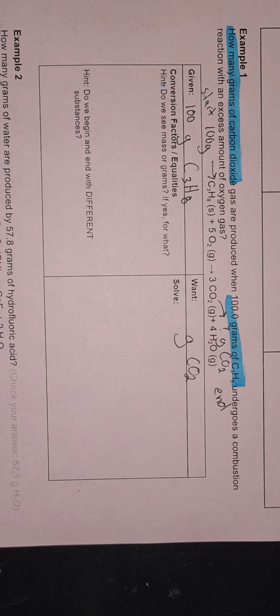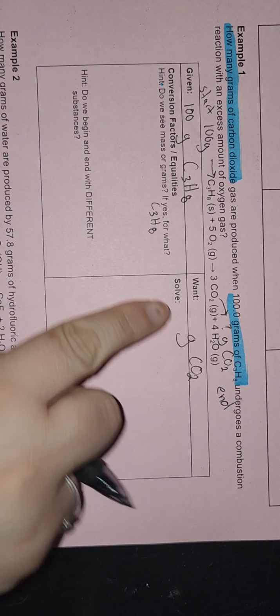So for our conversion factors, we start with grams. So we're going to need that molar mass of C3H8. We also end with grams, so we're going to need the molar mass of CO2. Now if I'm going to find my molar mass, of course I'm going to come over here to my margins. I'm going to look at C3H8 first.